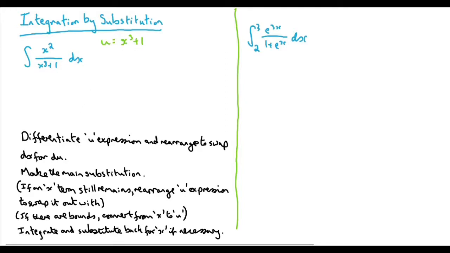Now with this u expression, we're going to differentiate it and then rearrange to swap out dx for du. So if we were to differentiate this, first of all it would be du over dx, because we're changing u with respect to a change in x. Just differentiate as you usually would.